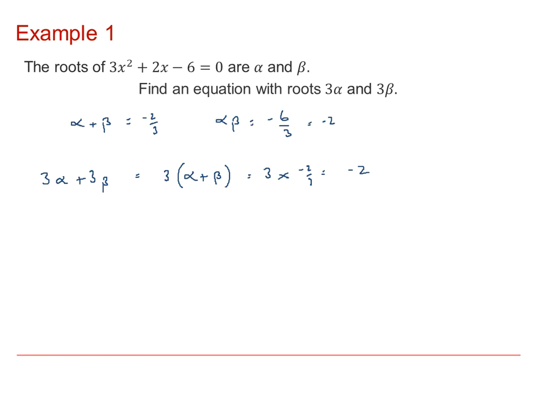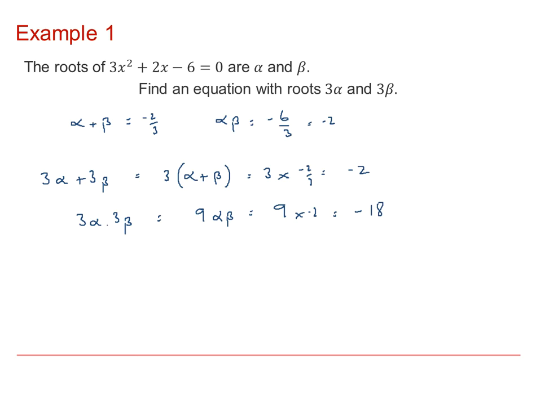The product of the roots for the new equation is 3 alpha multiplied by 3 beta, so that's equal to 9 alpha beta. 9 alpha beta is then 9 multiplied by negative 2, which is equal to negative 18.